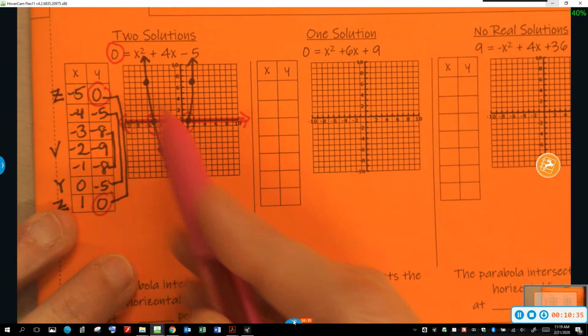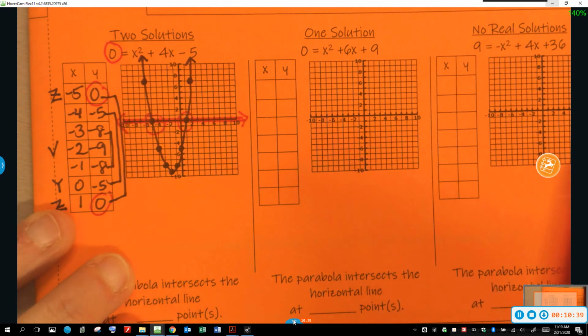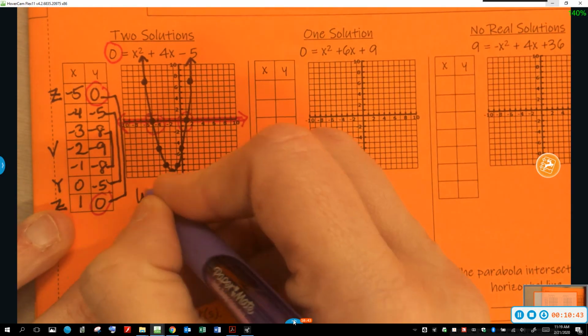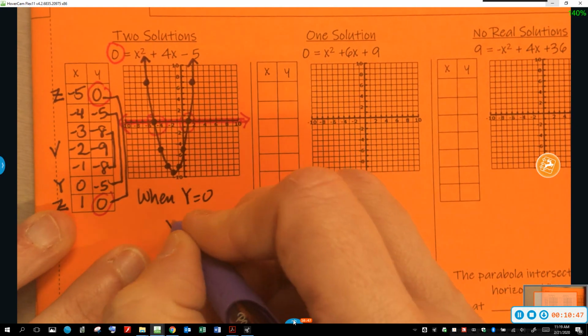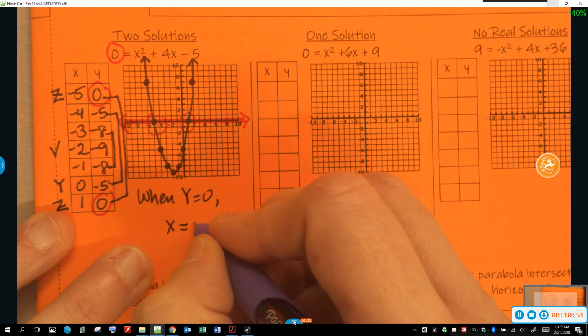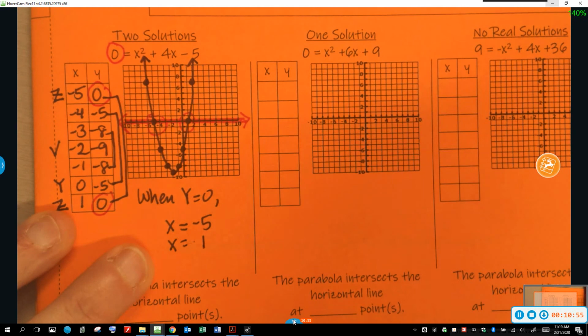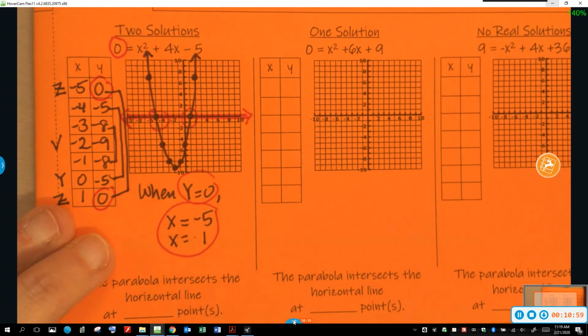I have one at -5 and I have one at +1, just like my table is showing me. So what that means is when y equals 0, x equals -5, x equals +1. So when y is 0, I have those two values.